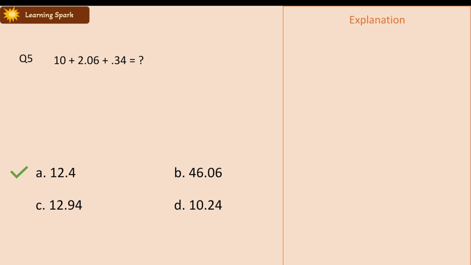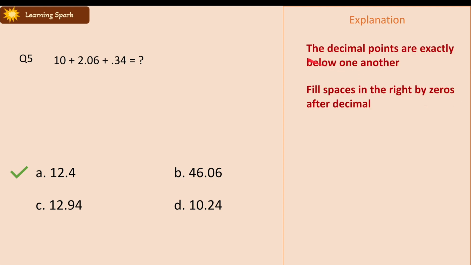Let's see the explanation. This is an addition question for decimal numbers. We discussed in the previous questions that there are two rules we have to remember for any addition or subtraction problems. The first rule is that the decimal points have to be exactly below one another, and second is if there are spaces on the right, you can fill them up with zeros. Let's see how it looks when we apply it in this sum. 10 doesn't have a decimal point, it's a whole number.